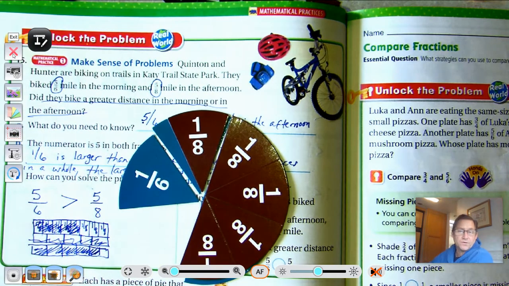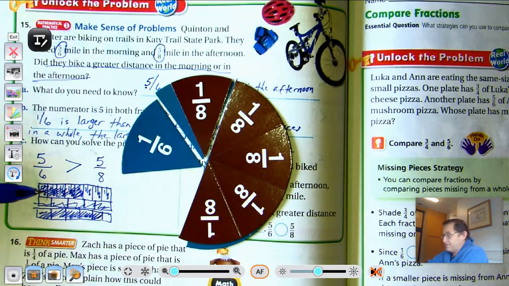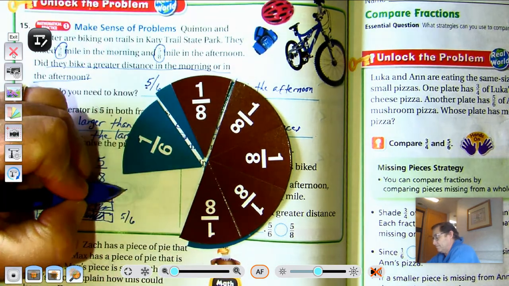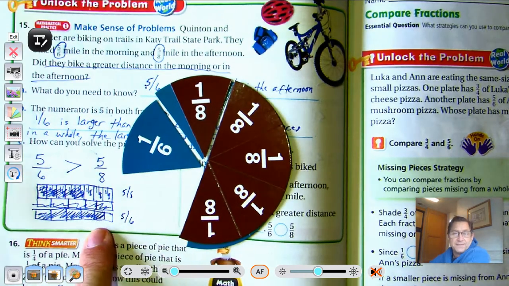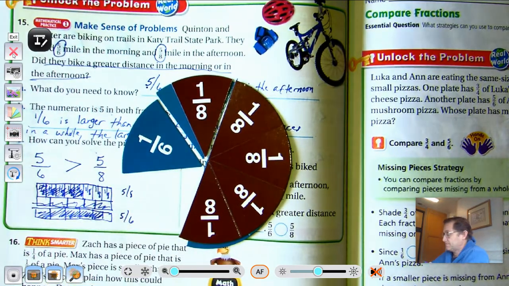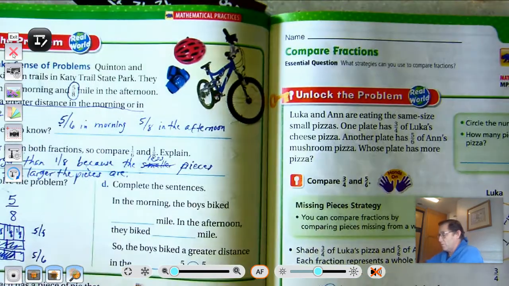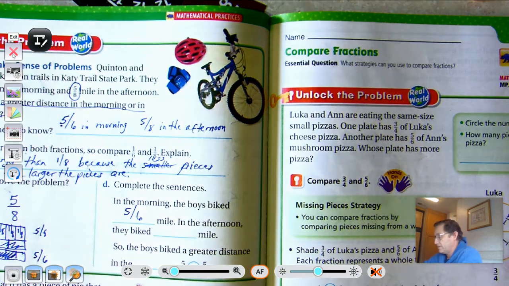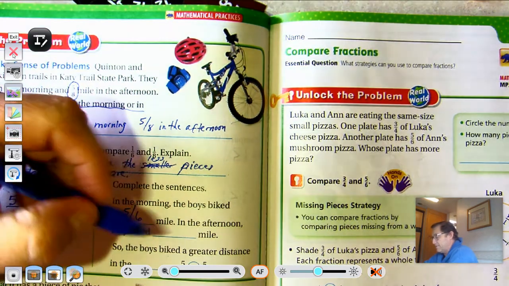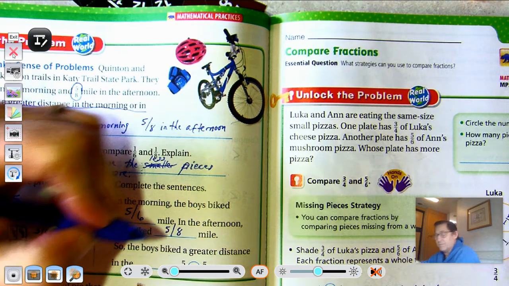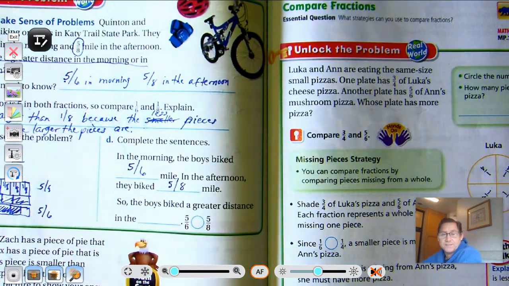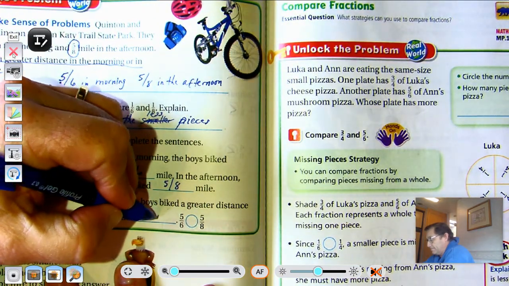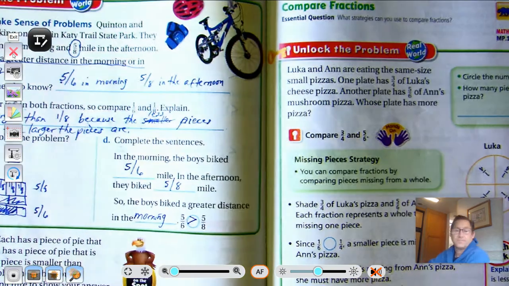Okay, so if we were using fraction strips, 5/8 compared to 5/6, there's more of the 5/6 shaded than of the 5/8. So in the morning, the boys hiked 5/6 mile. In the afternoon, they biked 5/8 of a mile. So the boys hiked a greater distance in the morning than in the afternoon.